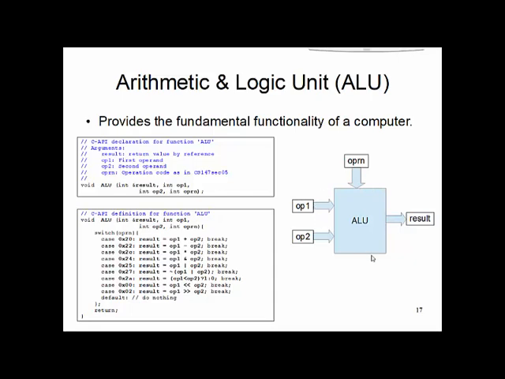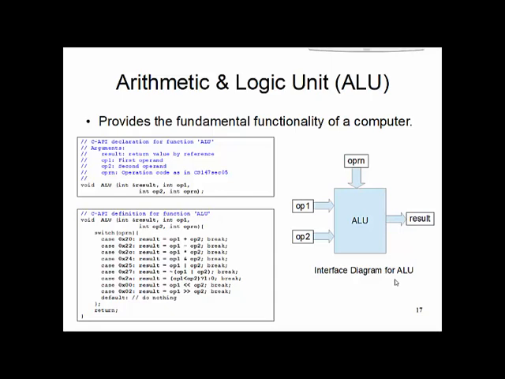It draws a box which is a black box to the user. The user doesn't know what is inside, and there are inputs, operand 1, operand 2, and operation, and the user expects a result back from the ALU.